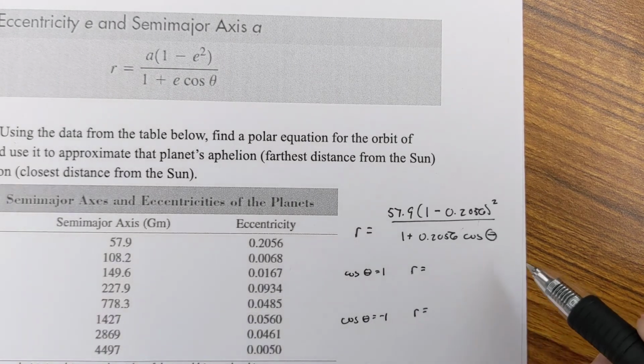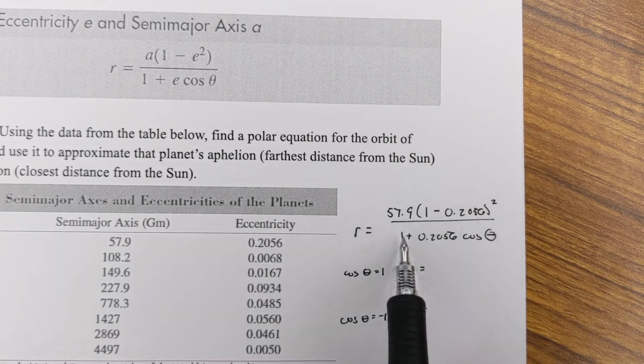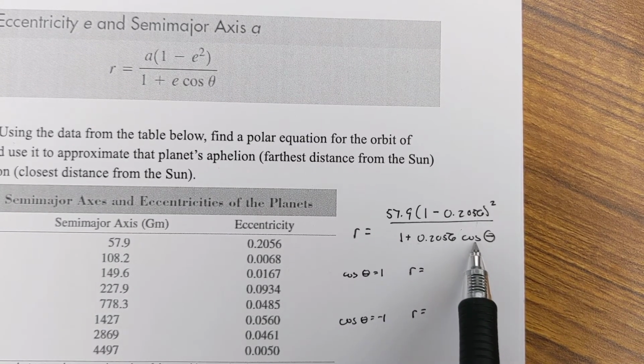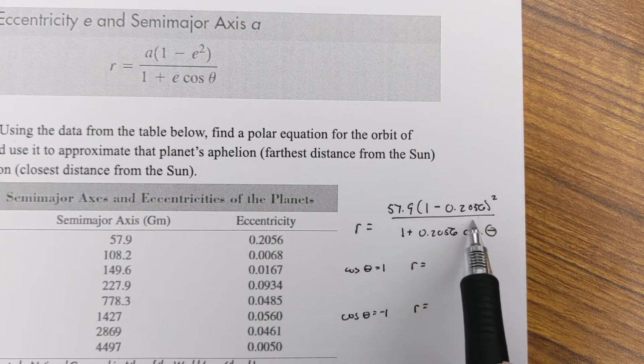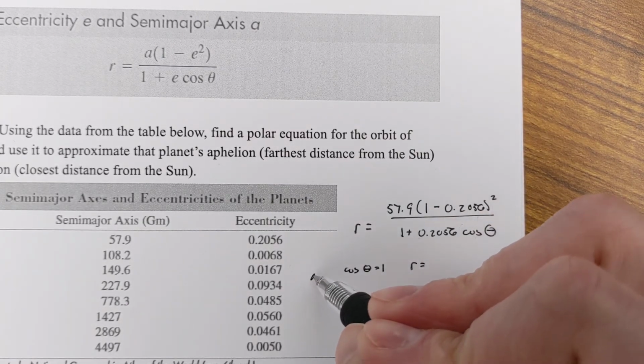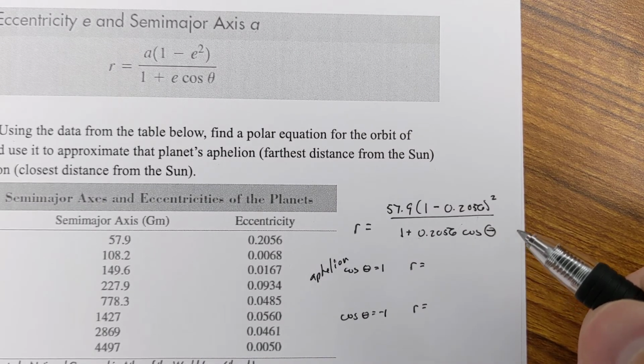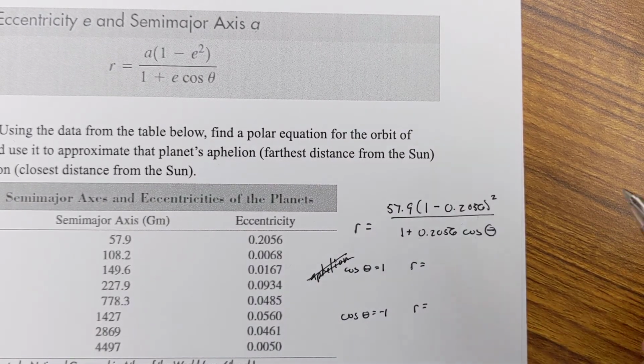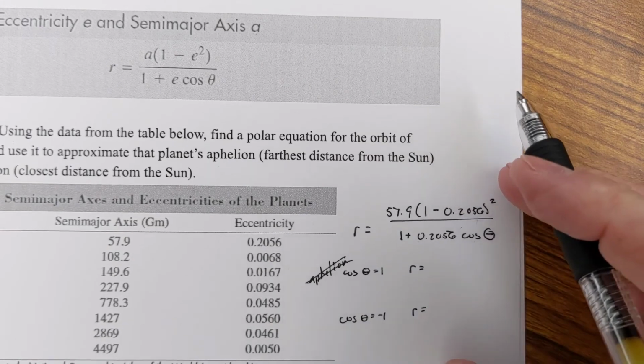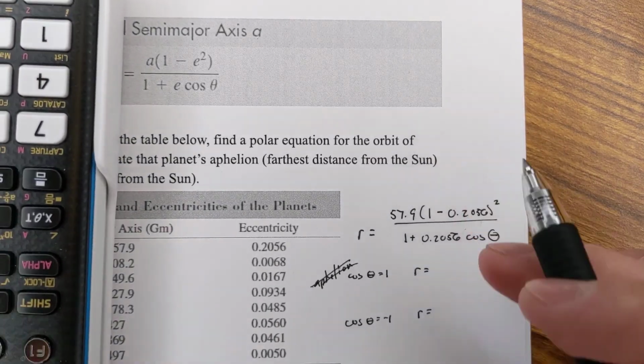Because if cosine is 1, that makes this denominator as large as possible, so the whole fraction is as small as possible. We'll just look at which one's smaller and which one's larger. That's actually going to be the perihelion.